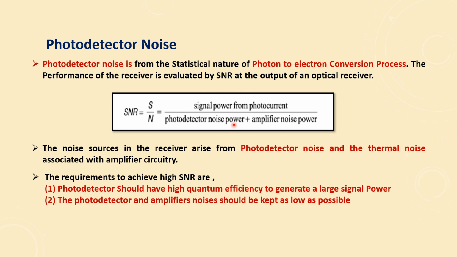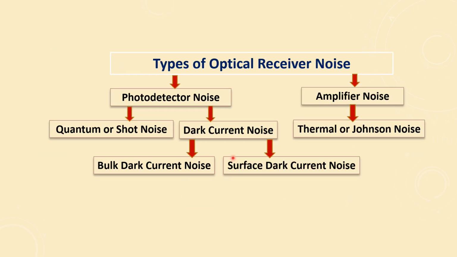Next, the photodetector and amplifier noises should be kept as low as possible, as I told you. This is the requirement to achieve a high SNR value. The higher the value of SNR, the better the performance of any receiver circuit or amplifier circuit. This is the purpose for which we go for signal to noise ratio evaluation. So first of all, we have to consider what the types of noises are.